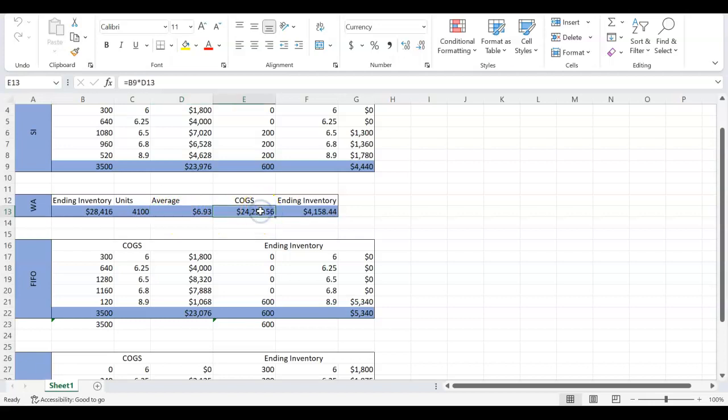And then in this column, I went ahead and took the value of B9, which was 3,500, and I multiplied it by 6.93, and that was our cost of goods sold for the weighted average.